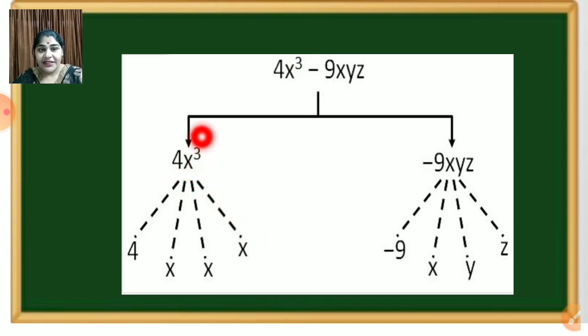X is cube, that is 3 times. It is multiplied by itself, so you will take x 3 times over here. And in negative 9xyz, negative 9 is one factor, x is one factor, y is one factor and z is another factor. So this is how you will write the expression, terms and then the factors of each term.